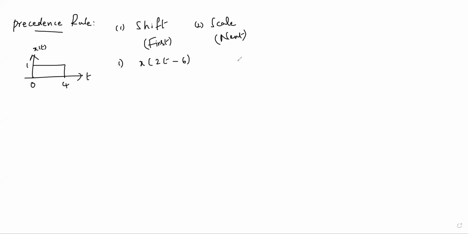For example, if I perform shifting first and then scaling, what is the equation I will get? Whereas if I perform scaling first and then shifting, what is the equation I should write for the same signal?